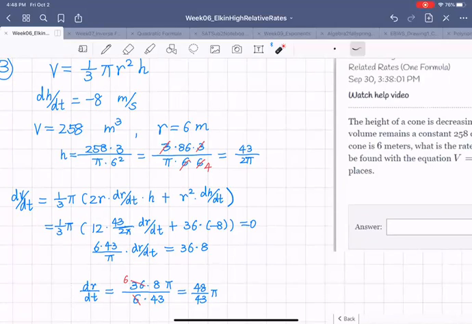So I have probably the unsimplified version of this. I had 258 over 12 pi.